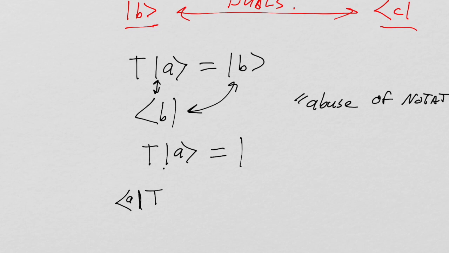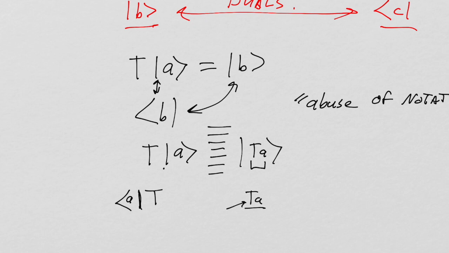The ket that results from T operating on A, right? This is literally supposed to be the same thing. I'm going to put a lot of equal signs there because we're not really defining it. It is abusive in a sense. The reason we say it's abusive is because TA doesn't mean anything.